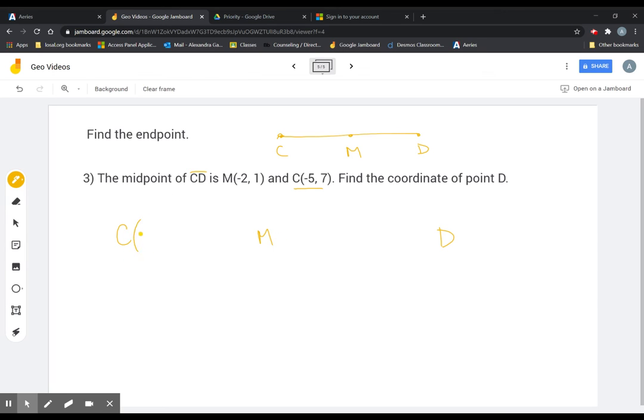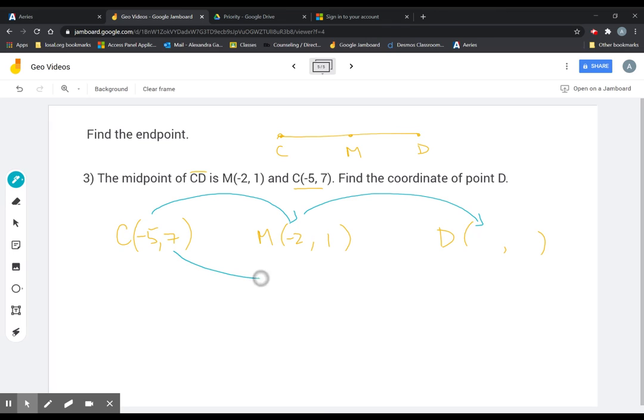So point C is -5, 7. Midpoint is something else, -2, 1. But I'm missing the endpoint D. Because it's the midpoint, I'm traveling the same distance every time to find my x, and I'm doing the same thing for my y.